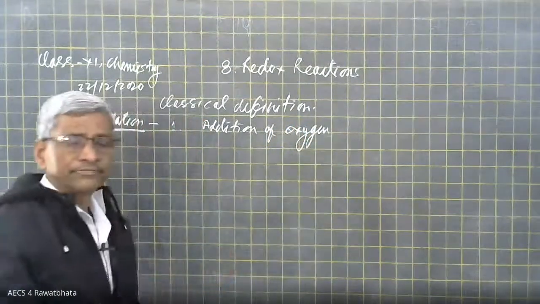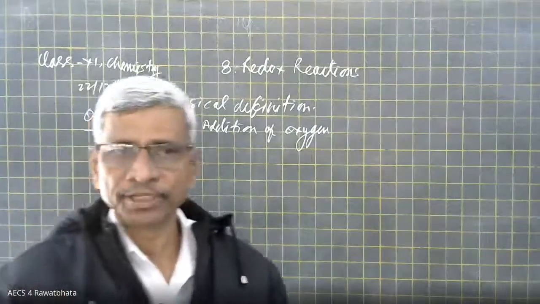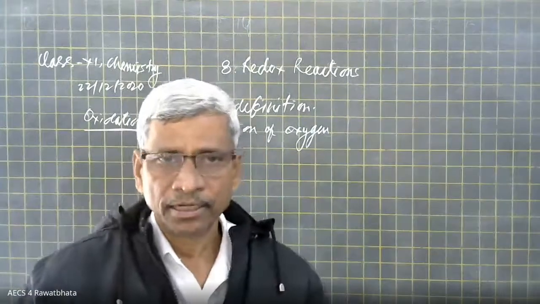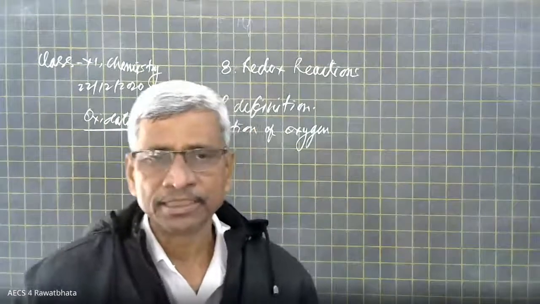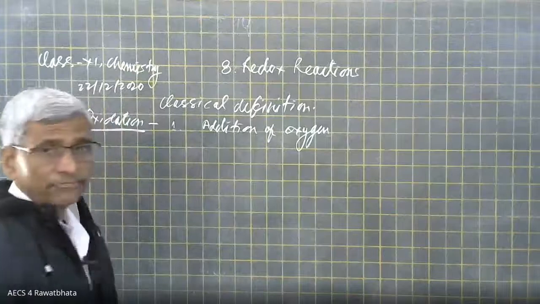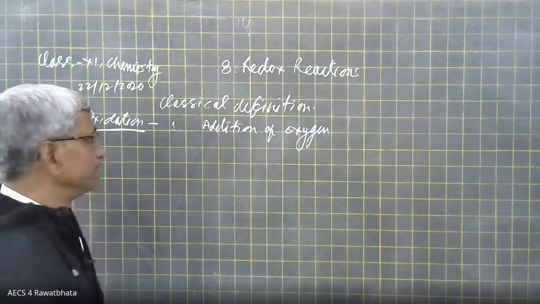These all definitions are fully correct, fully complete for this particular oxidation or reduction. But as per the demand, as per the knowledge, different definitions are given by the scientists. Finally, it is reaching up to the electron and oxidation number.